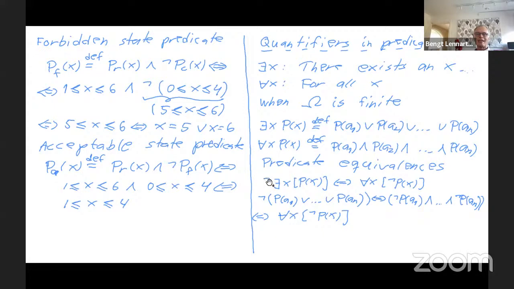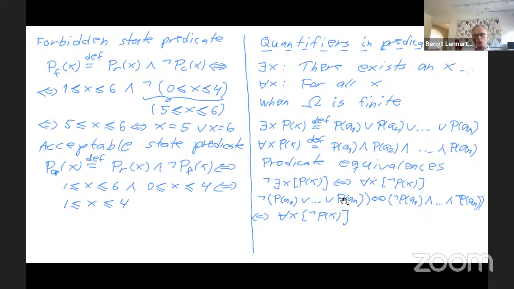For instance, that the negation of exists x, p of x, is equivalent to for all x, not p of x. And that can be easily proven by just replacing this negation of the existence formulation, p of a1 or until p of an.